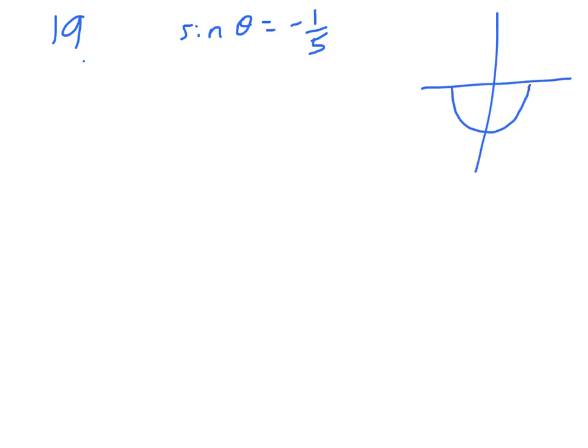For number 19, we're going to have to use the Pythagorean identities. So we're given sine is negative 1/5, which, by the way, sine is y. So we're somewhere here in the unit circle. And we're also given that tangent is less than 0. So tangent, remember, is y over x.